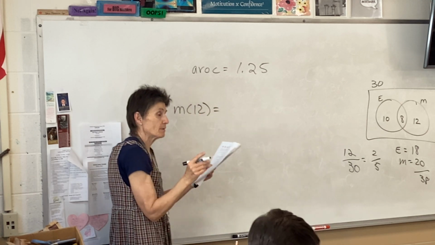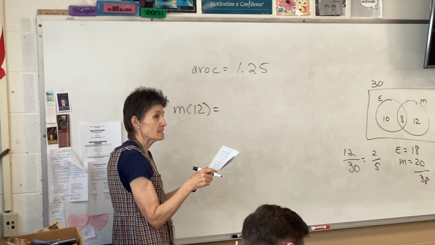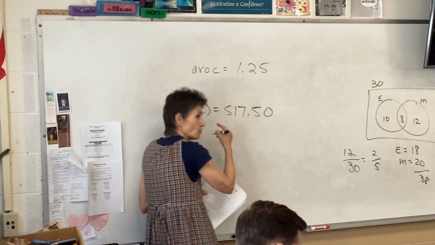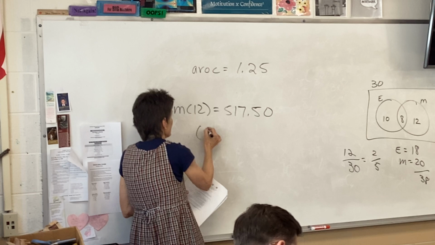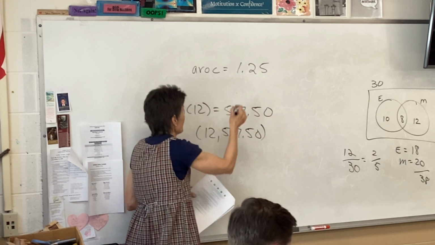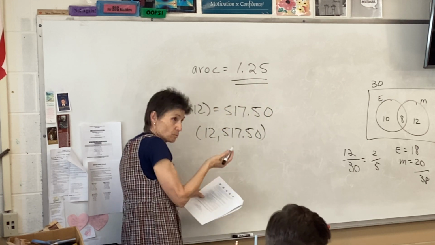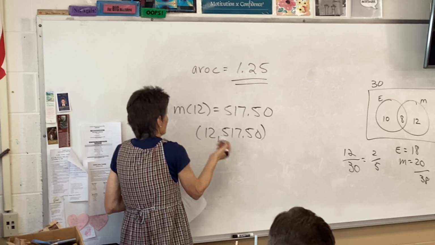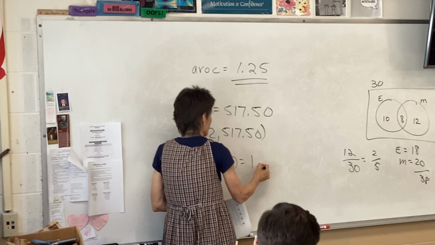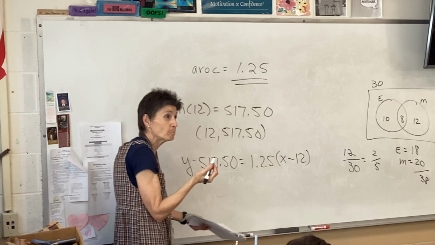That's given. $517.50. So that's the point 12 comma 517.50. And the slope is 1.25. So we can write an equation: y minus 517.50 equals 1.25 times x minus 12, just using regular point slope form.